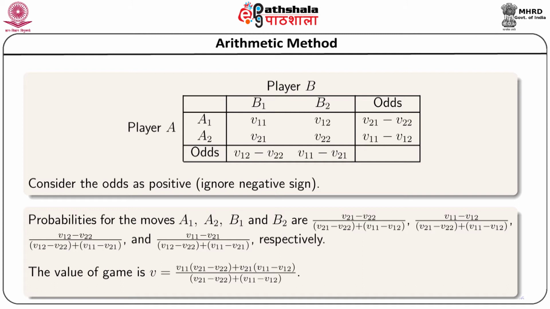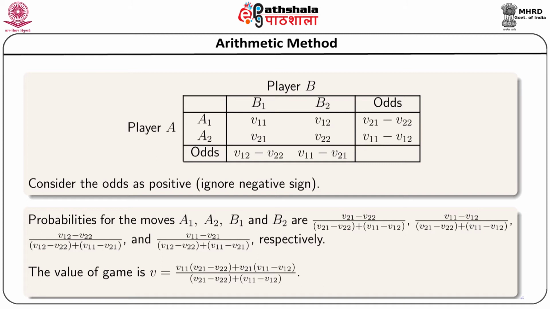This table shows the differences which can be obtained for a 2 by 2 pair matrix, and the probabilities for moves A1, A2, B1, B2 can be obtained.